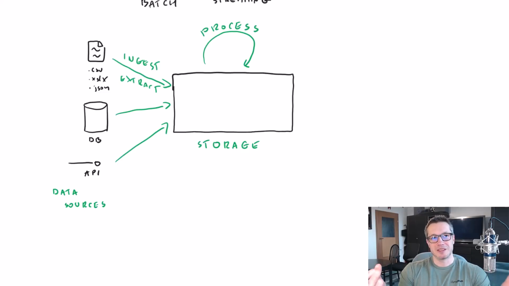Then, once we have this nice data available, we would like to serve it to data consumers. And depending on our use case, we might have different types of data consumers. So, for example, we might have users. In my example, my wife was my data consumer.